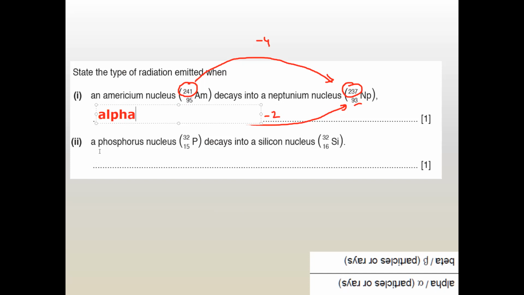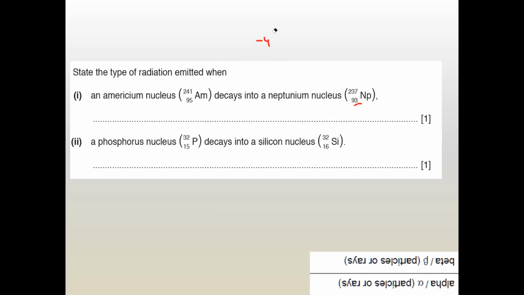Because in alpha emission, the nucleon number changes by 4 and the atomic number changes by 2. Then phosphorus decays into silicon. As you can see, the second one, the nucleon number does not change. Originally it is 32, it remains 32.